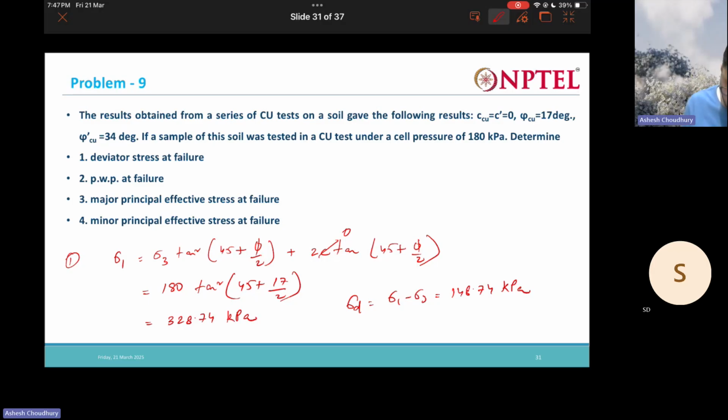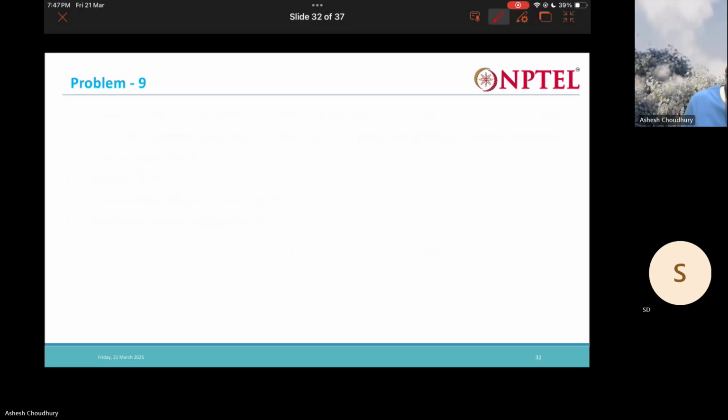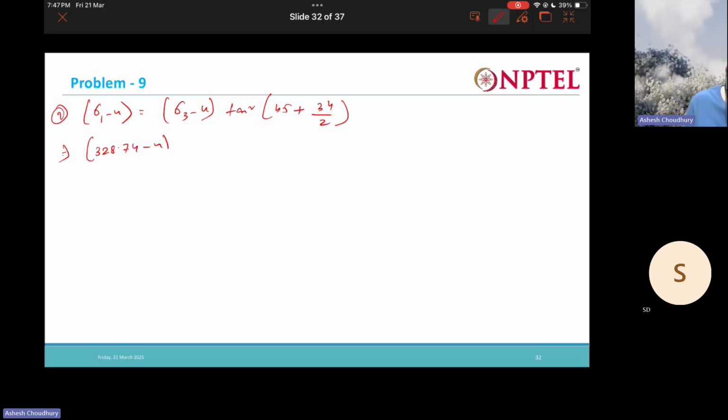Now, pore water pressure at failure. Calculate in terms of effective values now. Tan squared of 45 plus 34/2, and sigma 1 prime is 328.74 minus u.